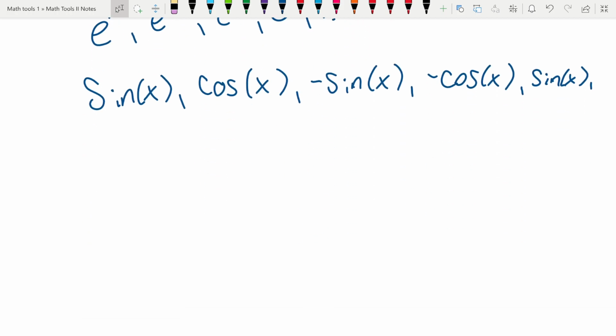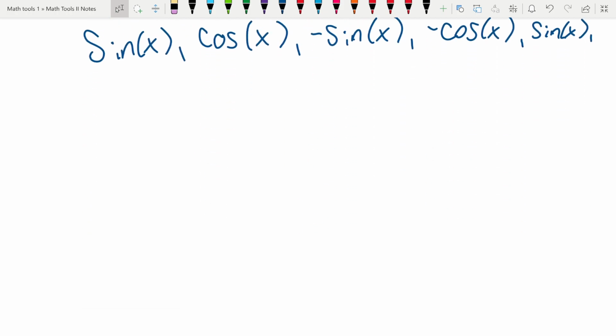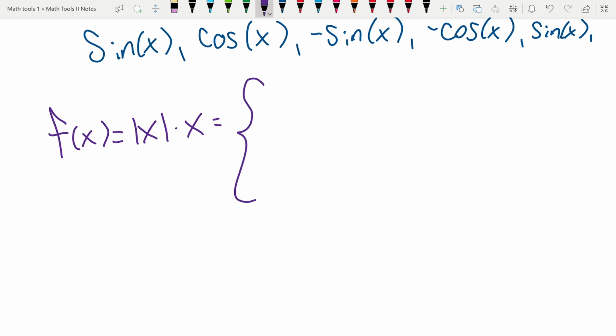So a good example of where something like this might fail, where it won't be infinitely differentiable, but it is somewhat differentiable, meaning that at least the first derivative exists, we could consider something like the absolute value of x times x. Okay. So looking at the piecewise definition of this, the absolute value of x is equal to x if x is greater than or equal to 0.